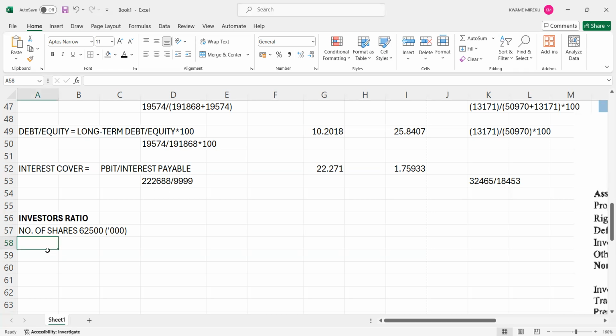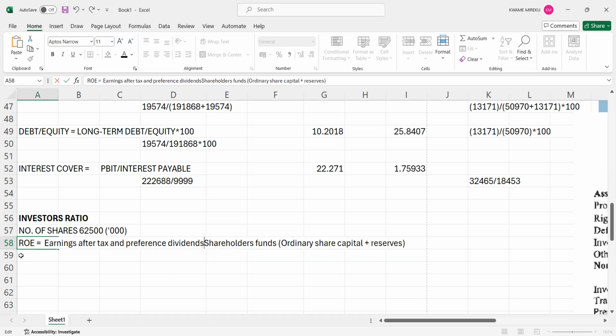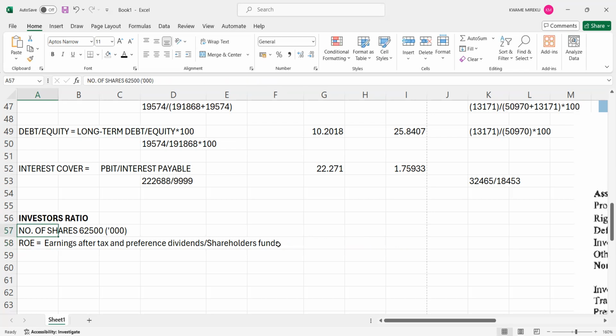So return on equity, we call it ROE for short. So earnings, or profit after tax and preference share dividends, over shareholders' fund. Shareholders' fund, as explained here, is the same as the owner's equity, total equity to the owner.